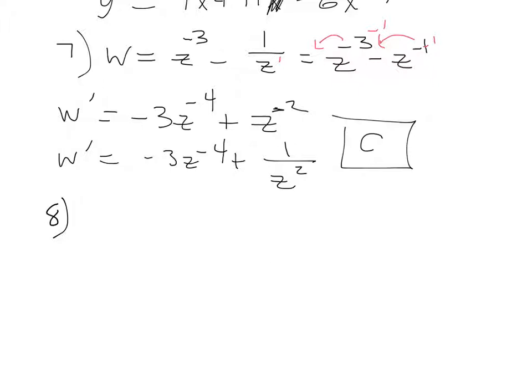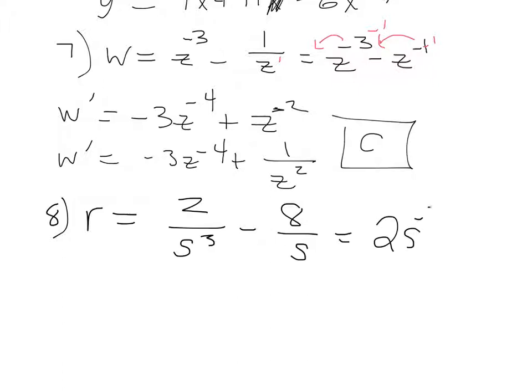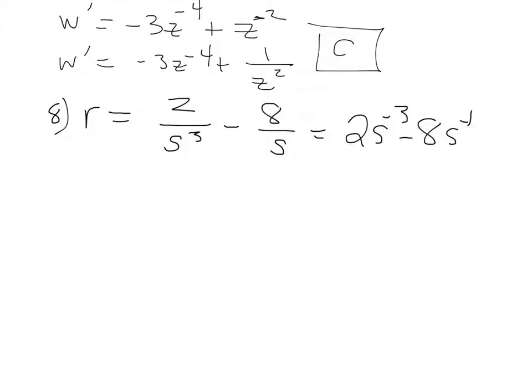Number 8. R equals 2 over s cubed minus 8 over s. Again, I would rewrite these with negative exponents. I mean, this is why I said we're to the point now where we're slowing down.